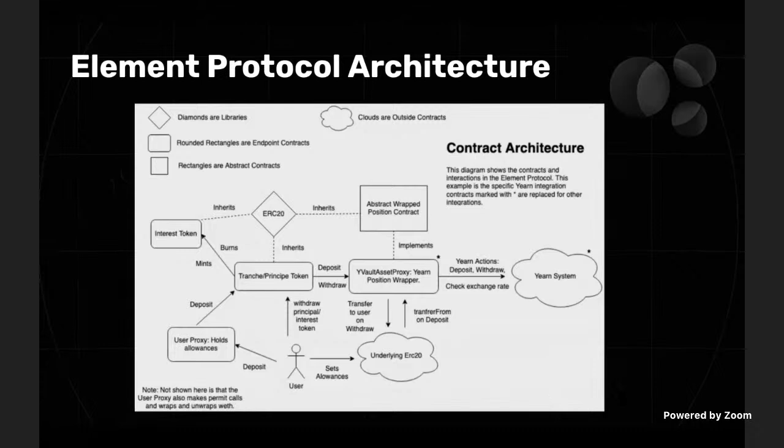The other contract is this tranche/principal contract. There will be multiple iterations of this, indexed by the expiration time and the underlying asset. These two things will be the primary places that you'll interact with the contracts if you're building on top of us. If you're building extensions to the protocol, you might also be interested in this Element asset proxy.